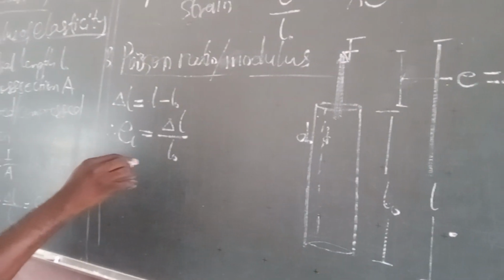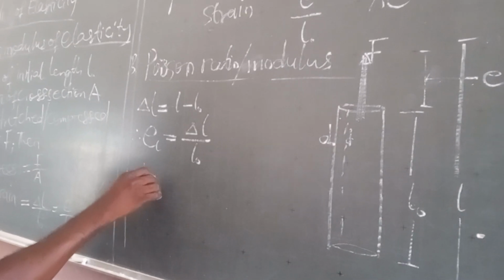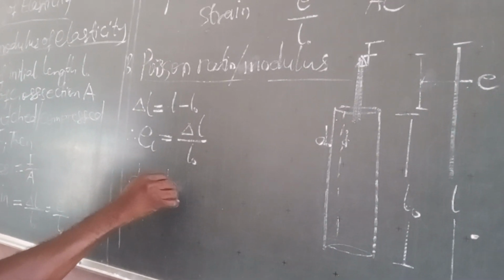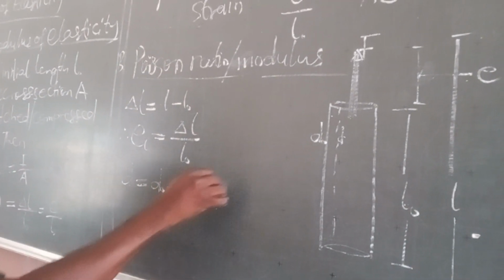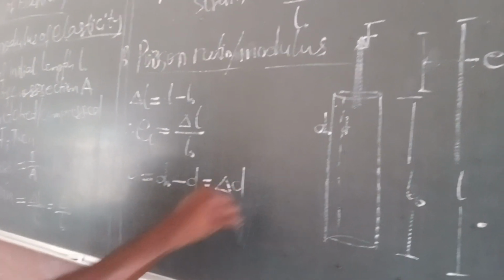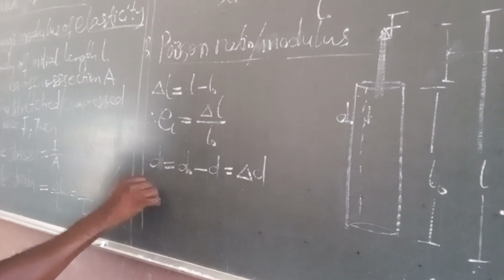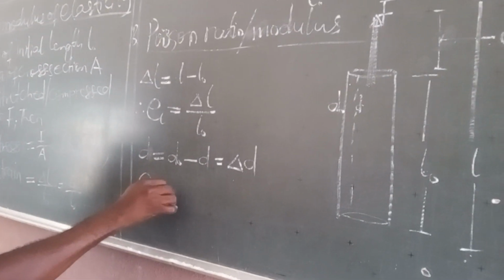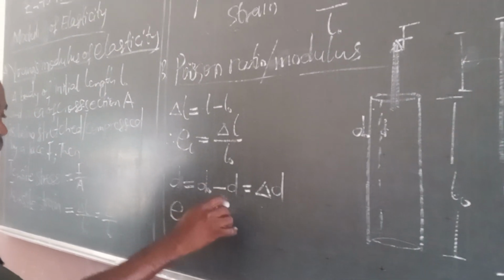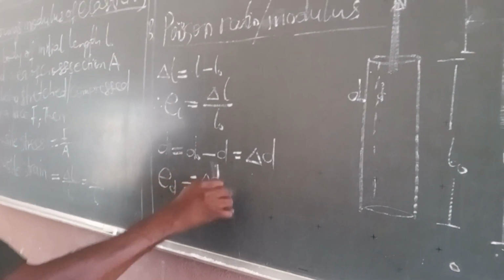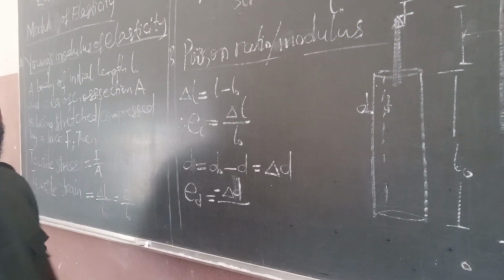Correspondingly, the width reduces from D0 to D, and that is the change in width. Thus, the fractional change in width is given by this, and that is negative, since D0 is greater than D.